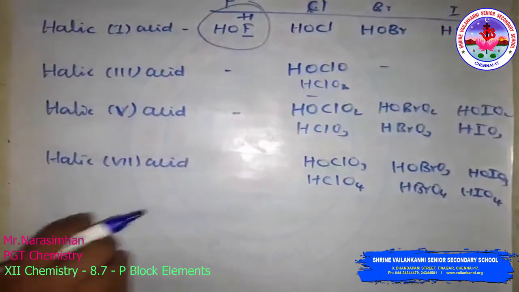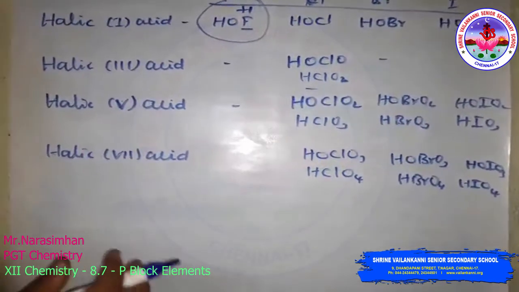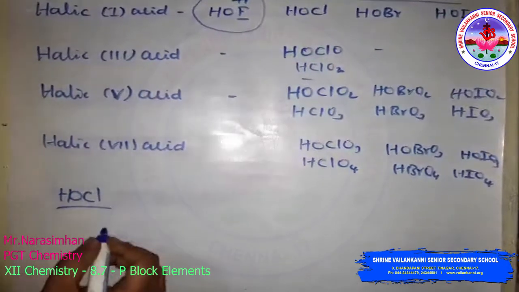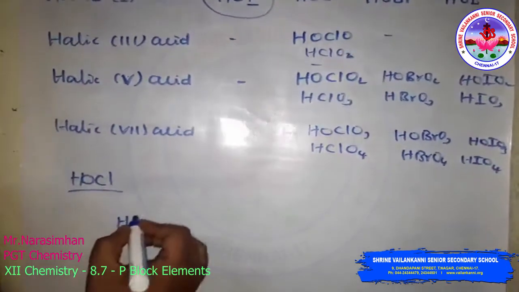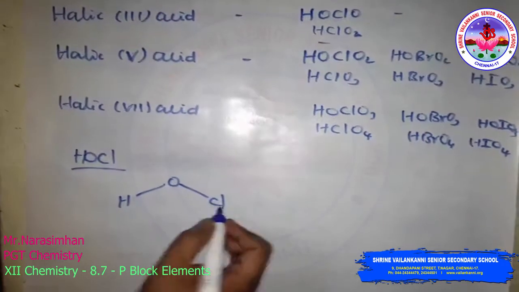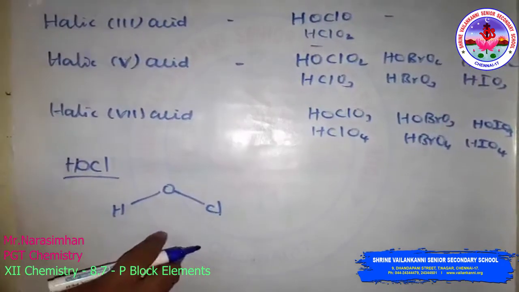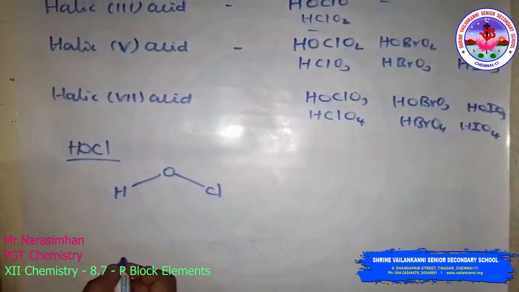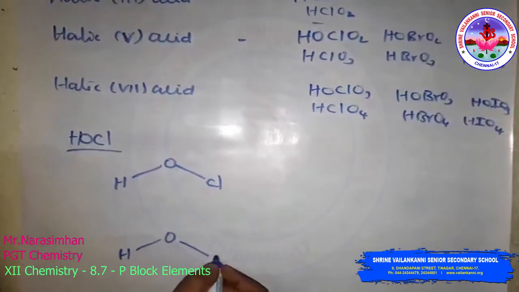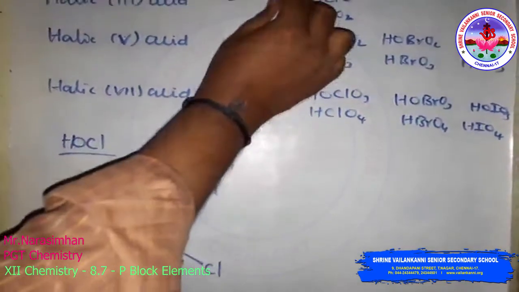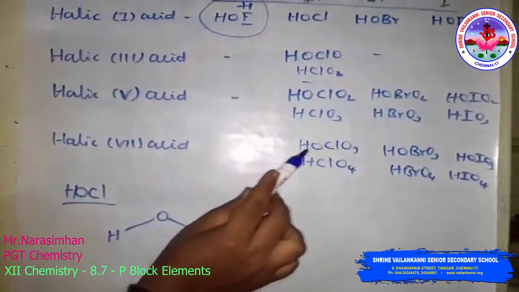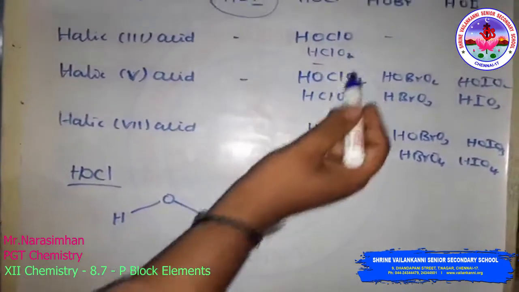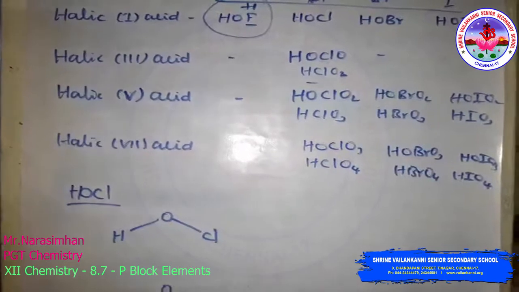Then there are some structures we can see here. The structure of hypochlorous acid, HOCl: the O and the Cl like this. Then chlorous acid. You have to write HO and Cl like this, and the remaining you have to add, the number of oxygens.